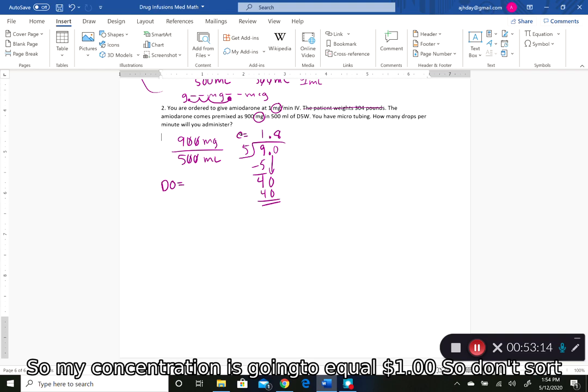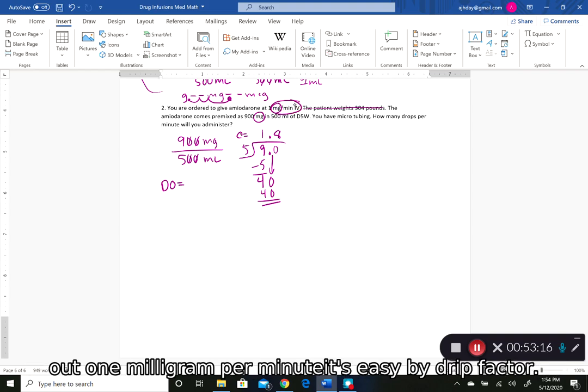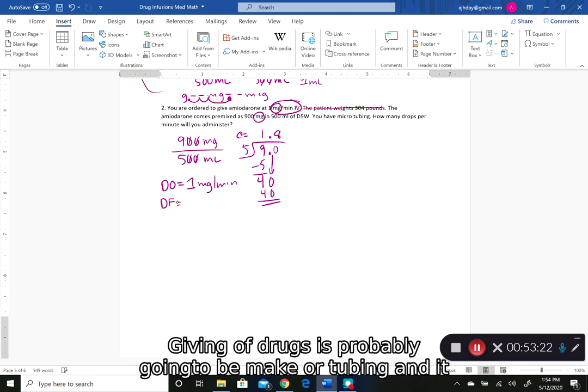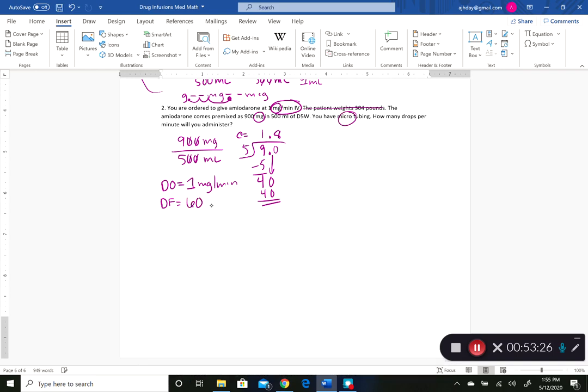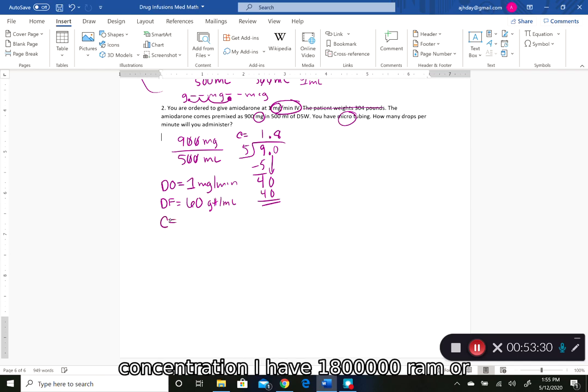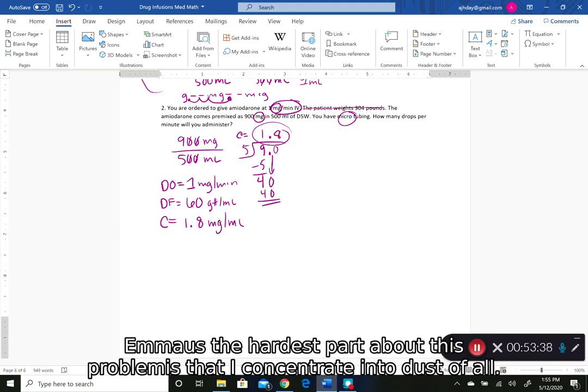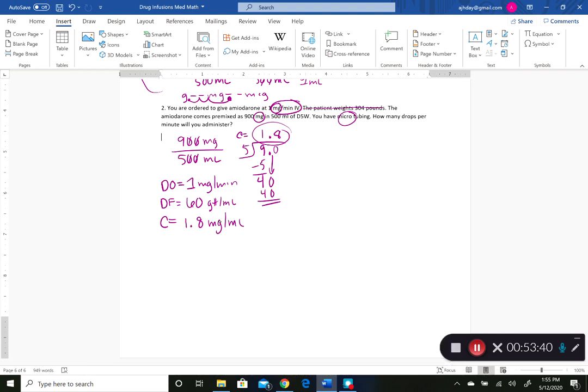So, dose ordered. I want 1 milligram per minute. It's easy. My drip factor. Well, I'm giving a drug, so it's probably going to be microtubing, and it is. Concentration, I have 1.8 milligrams per mL. So the hardest part about this problem is that my concentration is a decimal.